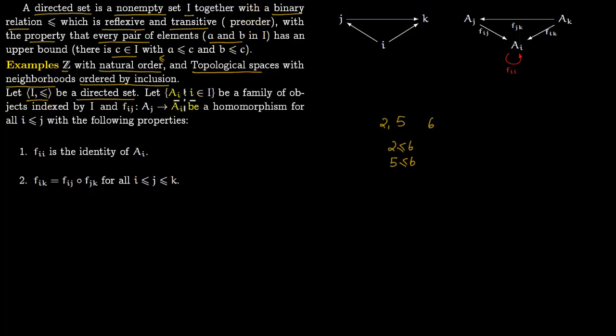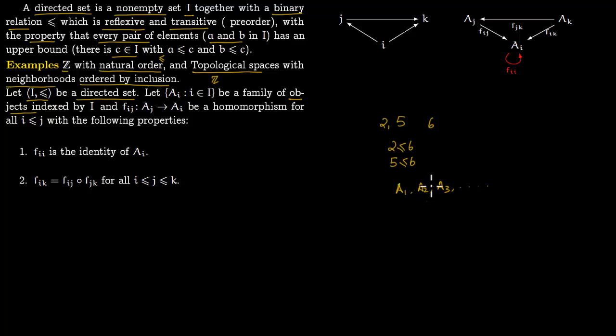So now you take a family of objects in some category, or you can think of them as groups, and these are indexed by this I. In general, we take this capital I to be integers. So you can have this family like this: A1, A2, A3, and so on. If you're working in the category of groups, these are groups.